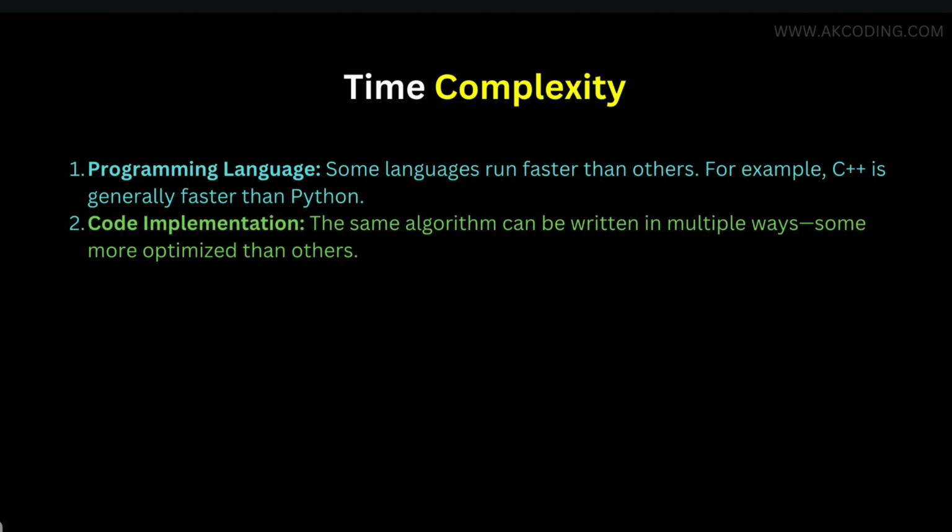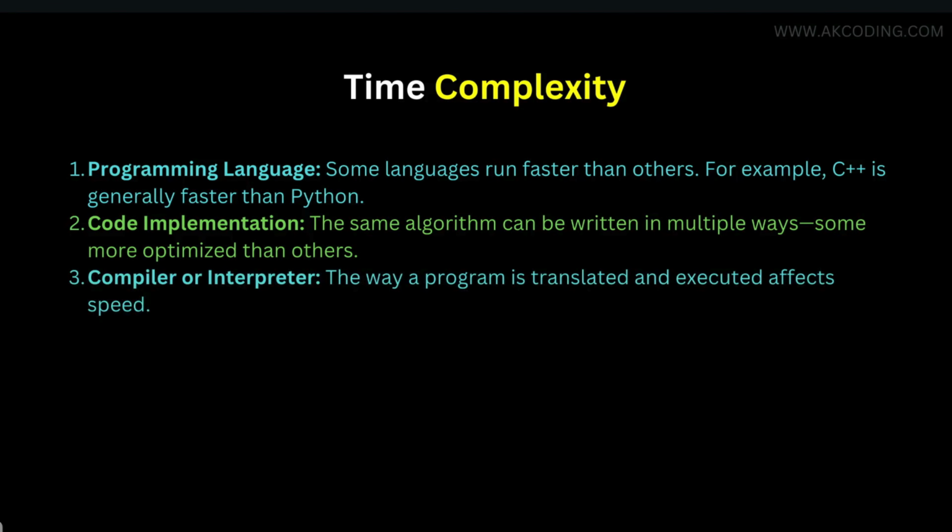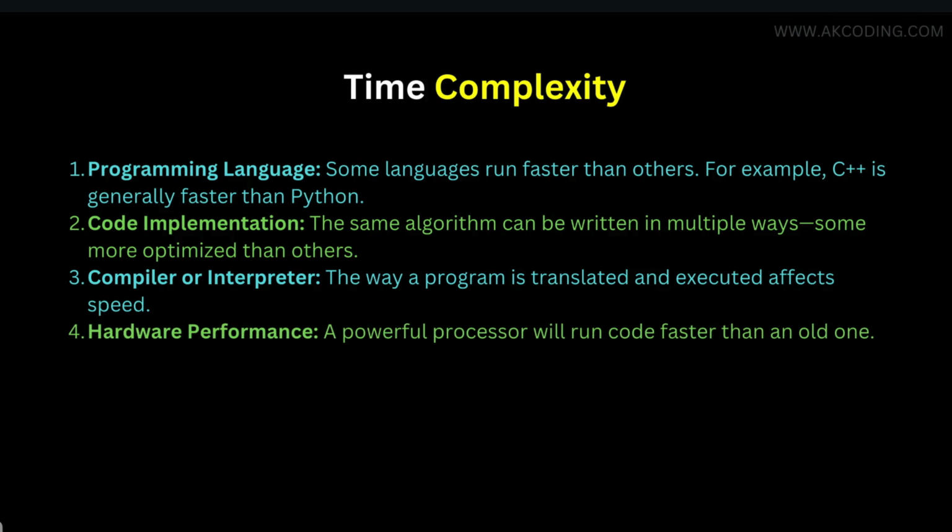What is the next factor? There is code implementation. The way you write your program impacts the performance of an algorithm. Number three, compiler and interpreter. Compiler and interpreter also play a crucial role in the performance of your program. Number four, hardware performance.